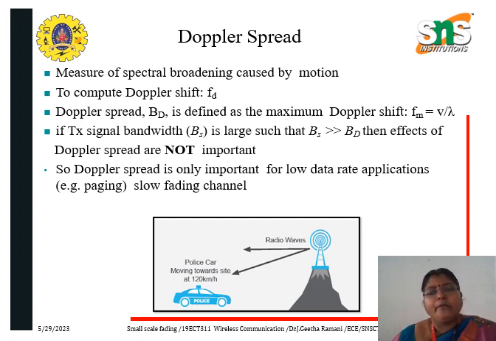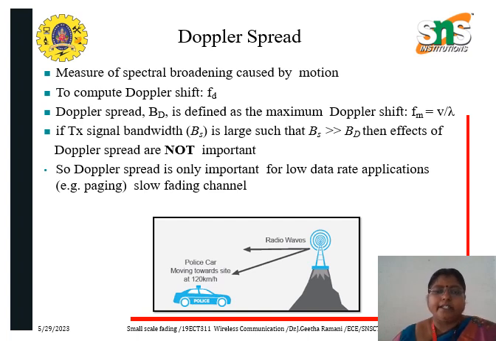V is the velocity at which we are traveling. Lambda is your operating wavelength. If the transmitted signal bandwidth is large, so that Bs is much greater than BD, then the effects of the Doppler spread are not important. So Doppler spread is only important for low data rate applications, that is only for slow fading channels.